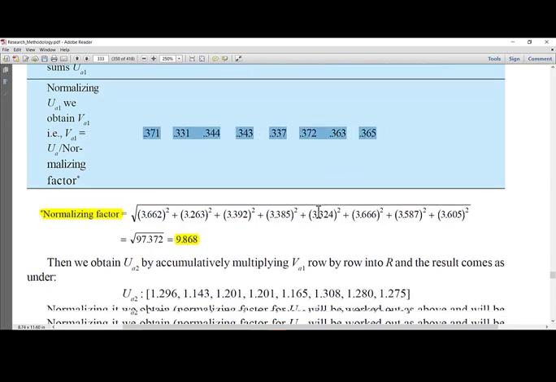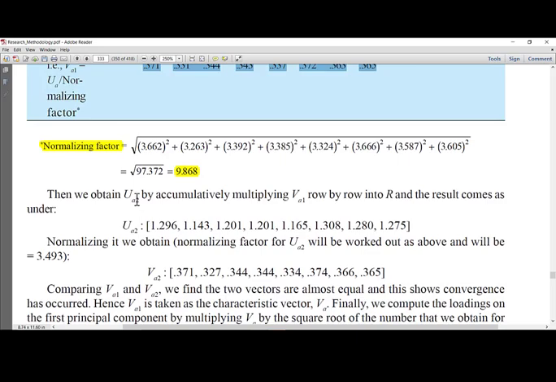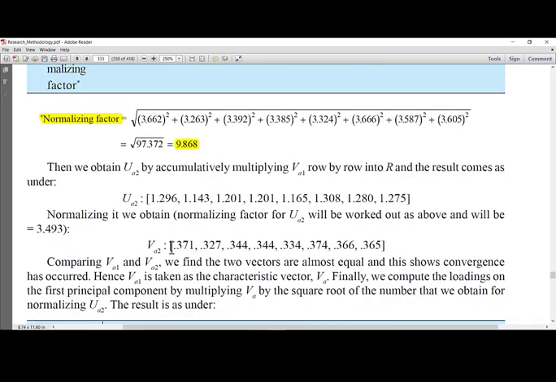Then we can obtain UB2 by accumulatively multiplying VB1 row by row into R, and the result comes as under. Here you will have UB2, and normalizing that we can get VB2.